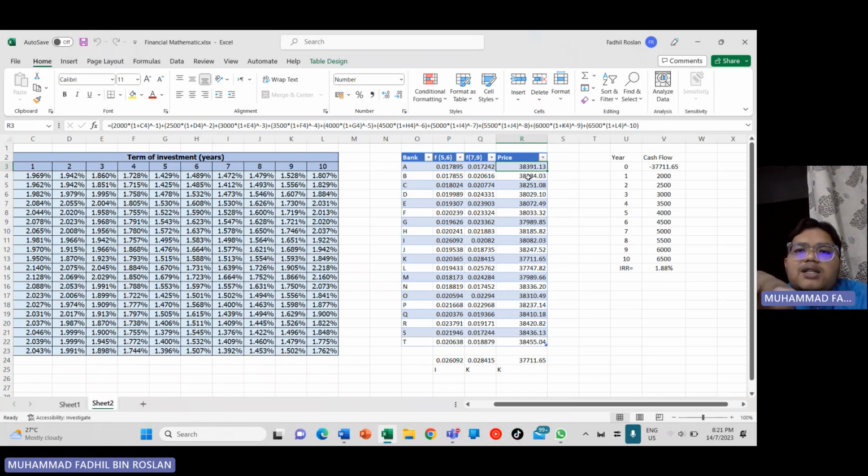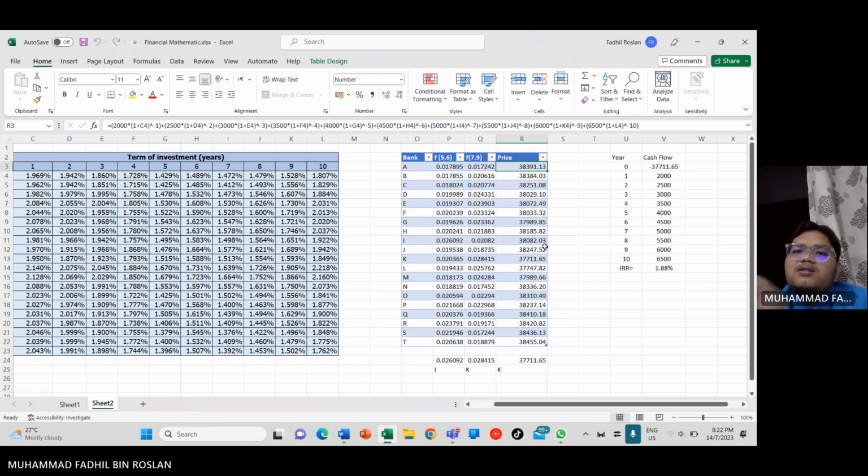So we got the price. After that, we find that bank K has the lowest annuity price, 37,711.65 ringgit. So that's it for question 3.